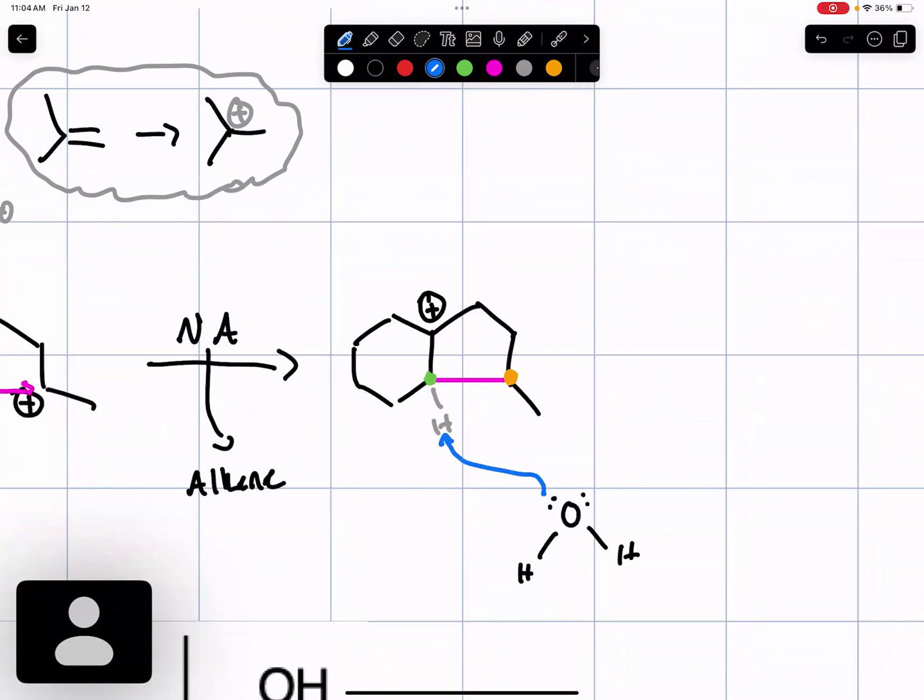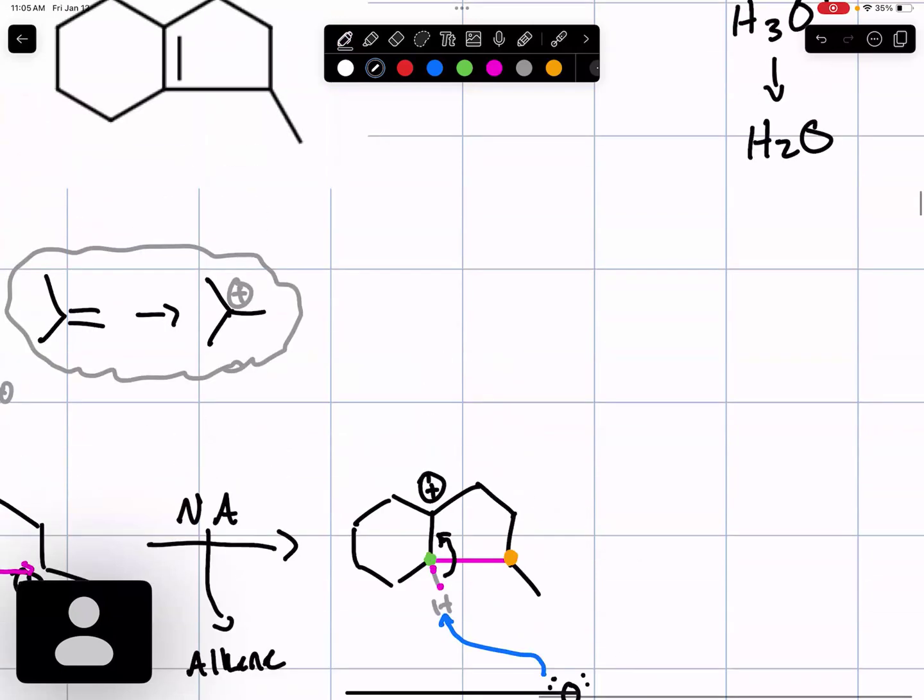Yes, because the electrons between this carbon in green and this hydrogen are now heterolytically cleaved, and they're placed now between that green carbon and that positive charge. So now these electrons push up here, reforming our alkene.